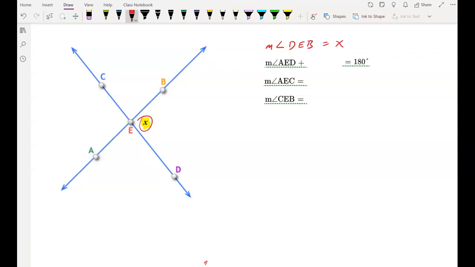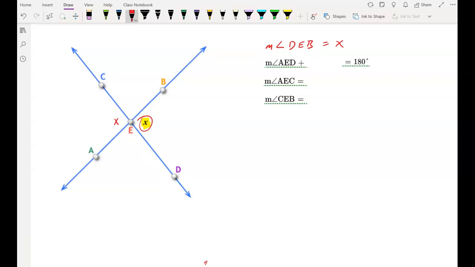So that means that the measure of angle CEA would also be x. CEA would be x. Why? Because it's the same measure as angle BED or DEB, whichever you want to say.